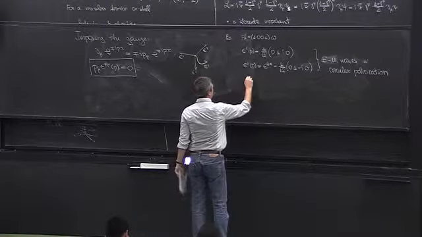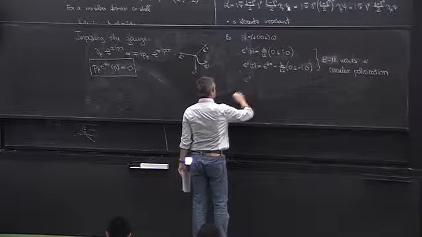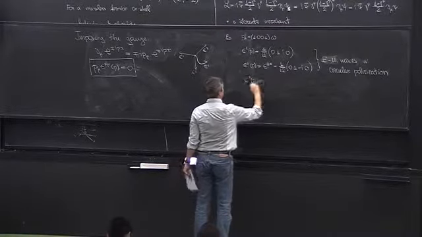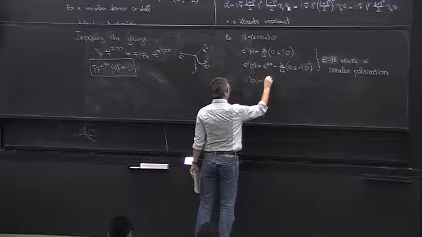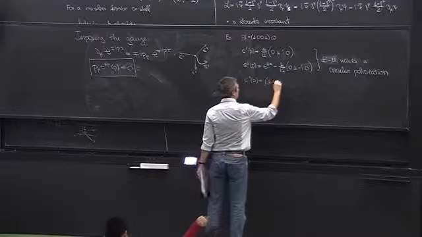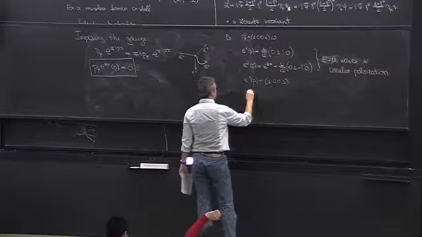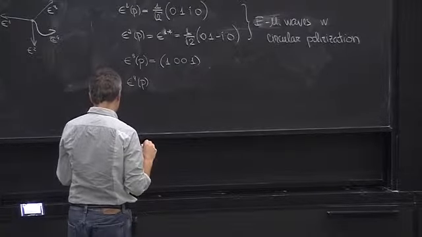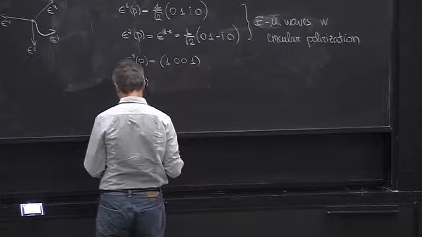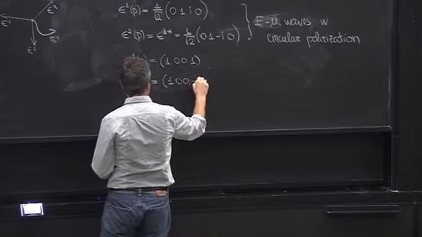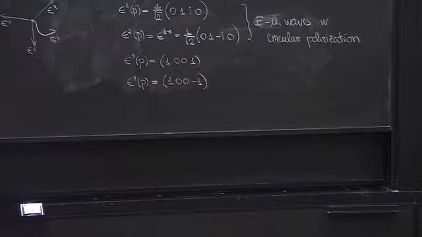So one possibility is to take epsilon to have these components, and then it has to have these components, okay?